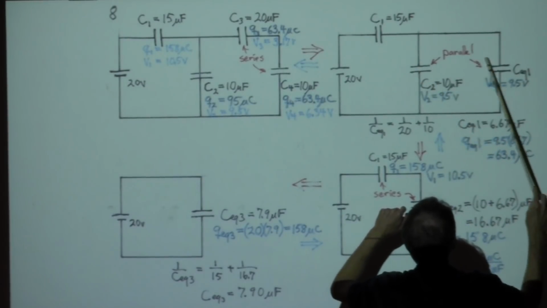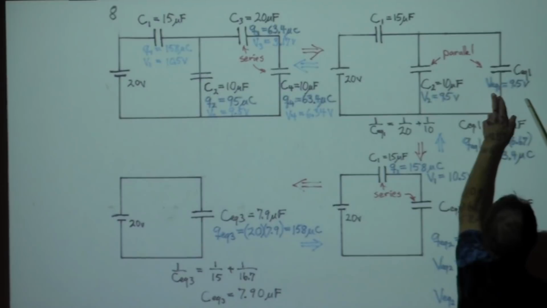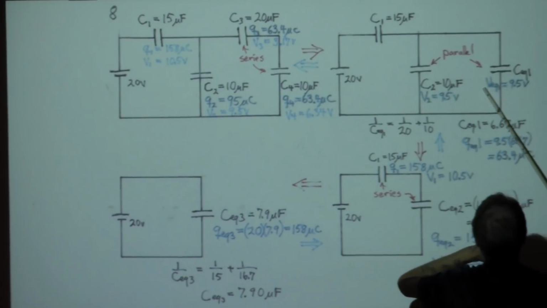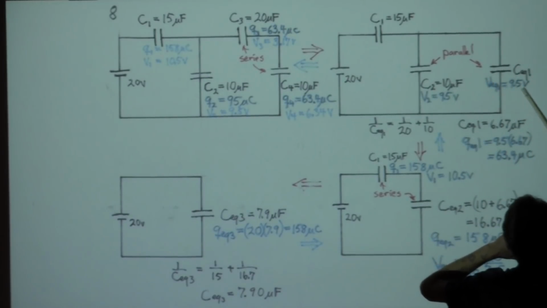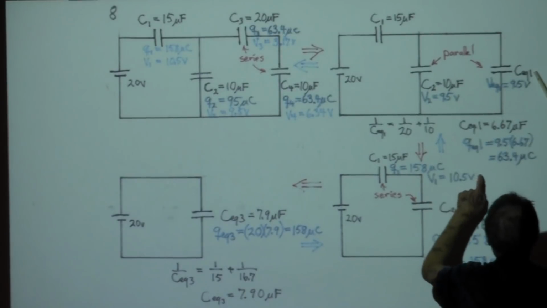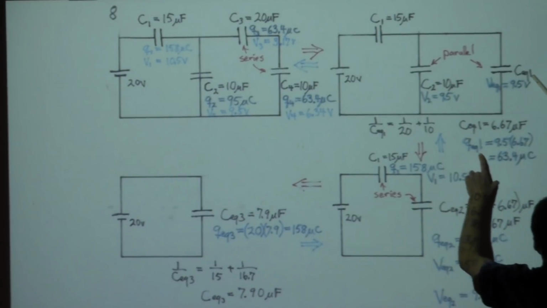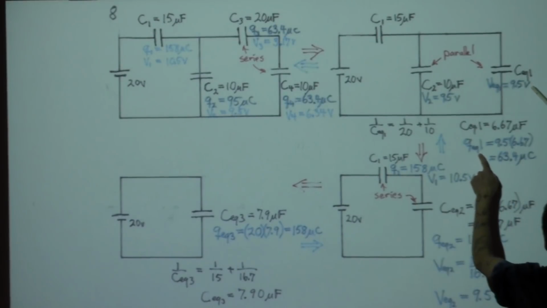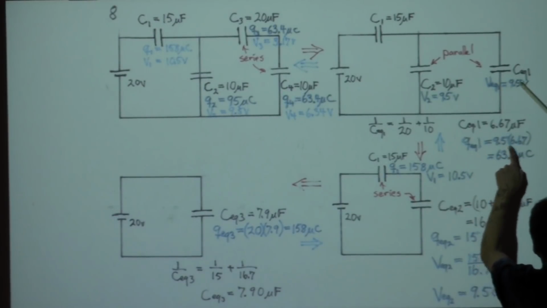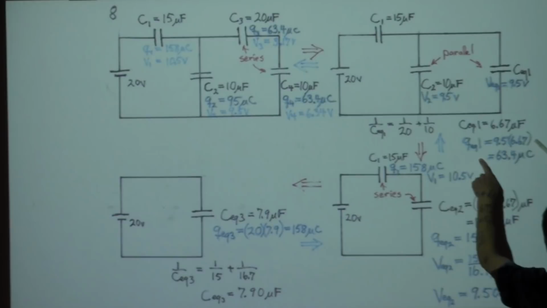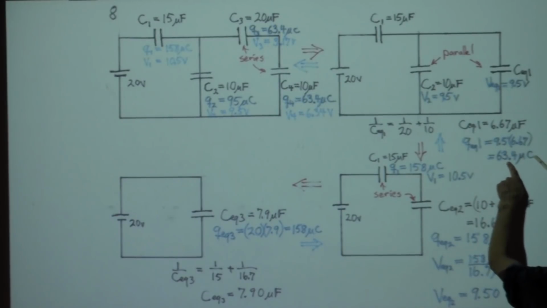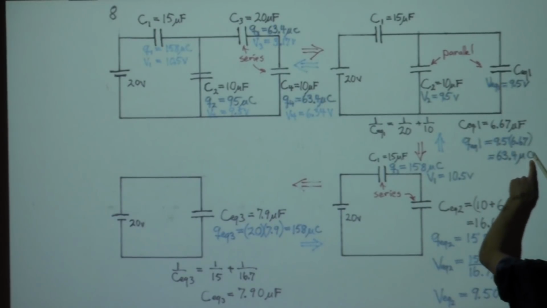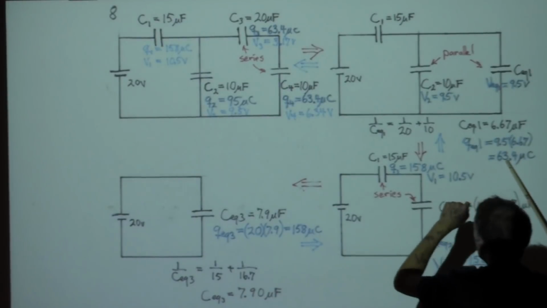Now we need to get, I know the voltage on this one. Here's what I want. The voltage on C equivalent 1 is, since I've got the capacitance C equivalent and the voltage, I can then get Q equivalent 1, 63.4 microcoulombs. You can see the confusion.